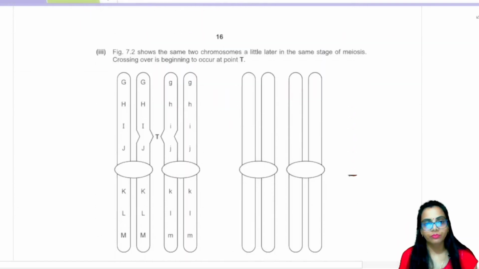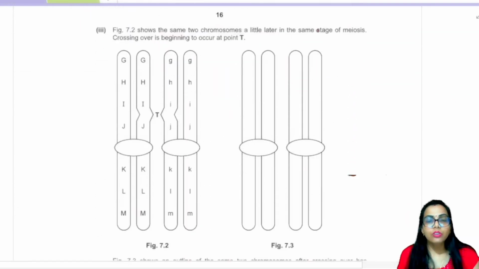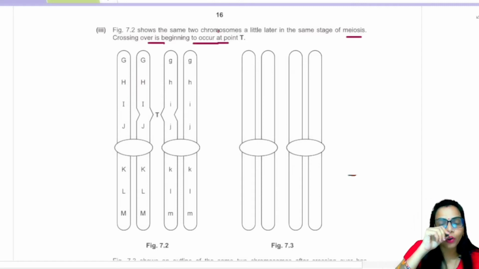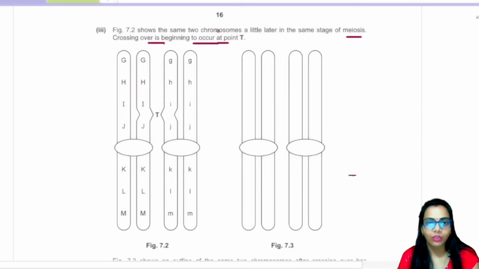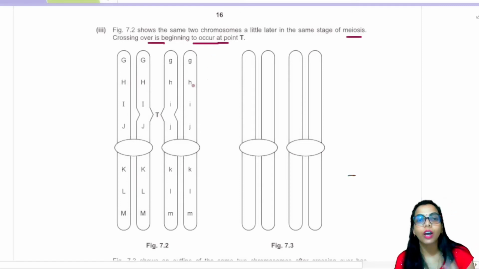Okay, now question number 3. It shows the same two chromosomes a little later in the same stage of meiosis, crossing over is beginning to occur at point T. At which stage of meiosis 1 does the crossing over take place?